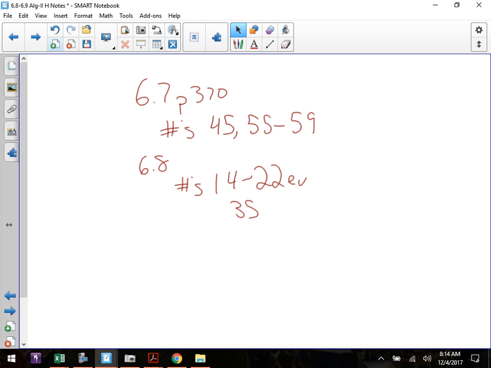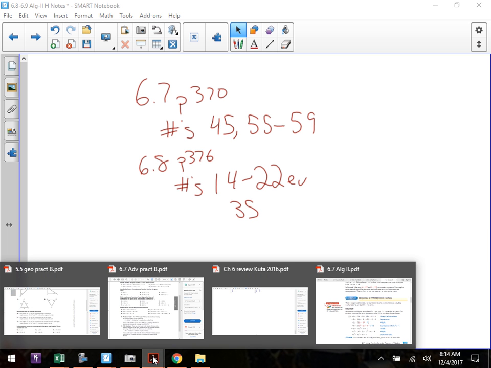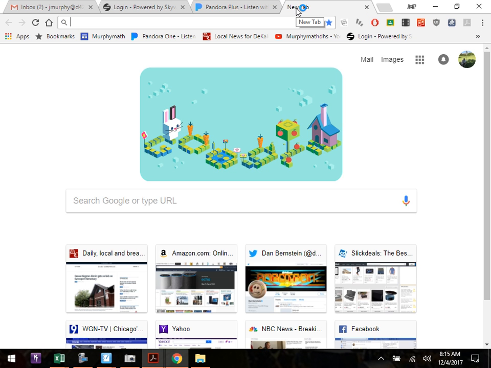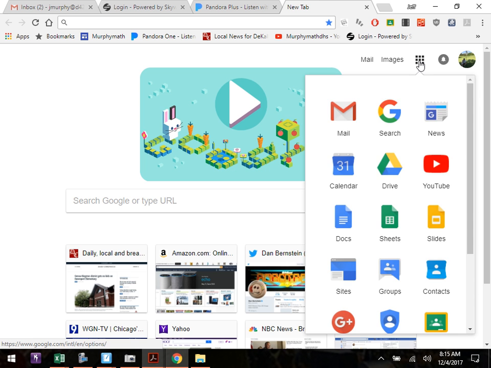I was talking about 376. I'll put those PDFs up now before I forget. The grouping of 55 through 59 is basically you need to just use your graphing calculator to approximate some zeros. So that should not be very difficult.